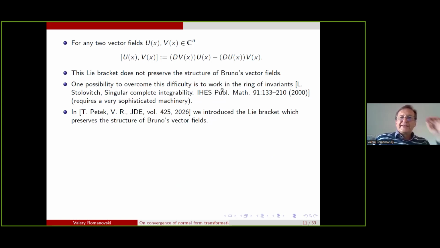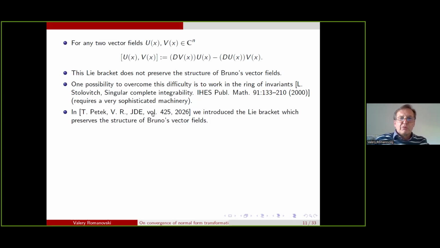singular complete integrability. In order to overcome this difficulty, he proposed to work in the ring of invariants. Of course, he understood the theory very well, and his presentation is quite logical and maybe also beautiful in some sense, but it's impossible to understand. First, he used very non-trivial homological algebra, and then he uses the language of Bourbaki.